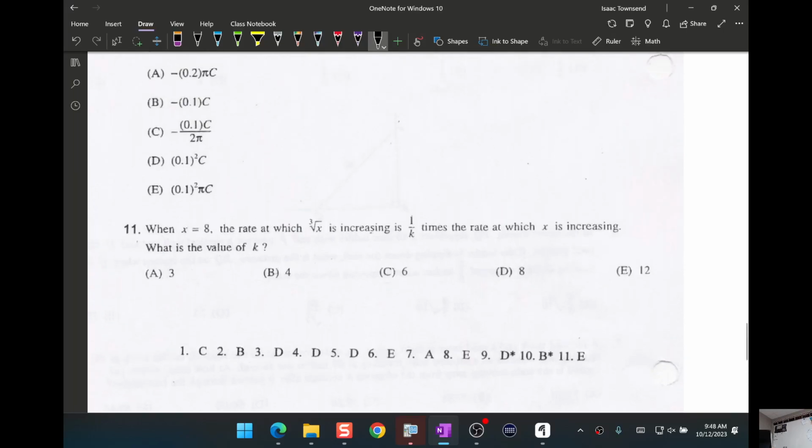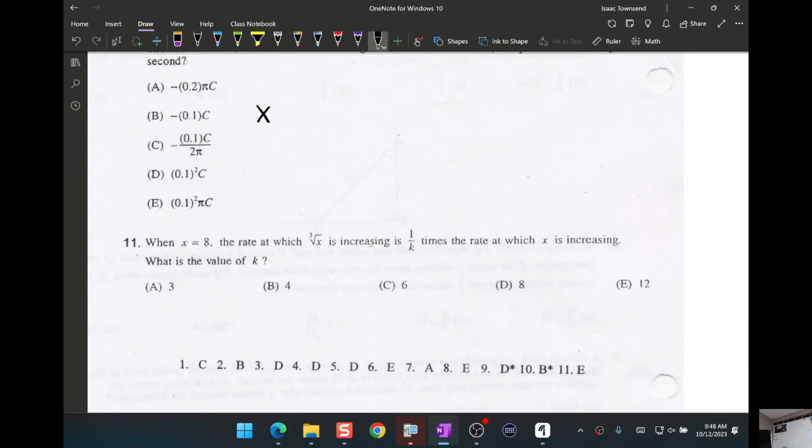Okay, 11 says when x equals 8, the rate at which this increases. Now what does that sound like they want you to do with this? Right, rate is derivative, so there's his derivative, so this represents his rate.